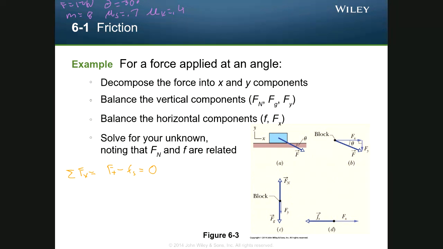We can say that the applied Fx will equal Fs, but we need to know, how does Fx compare to Fs max? Right? We want to know if this 12 newtons will get us moving.